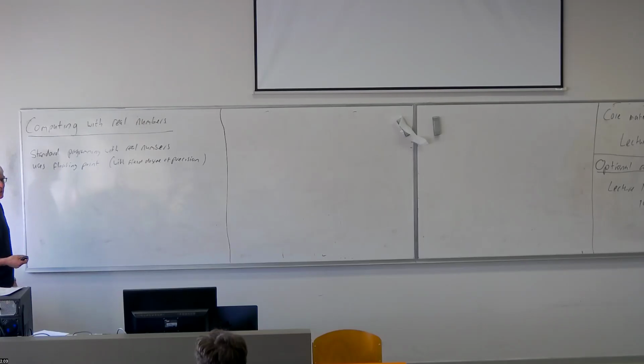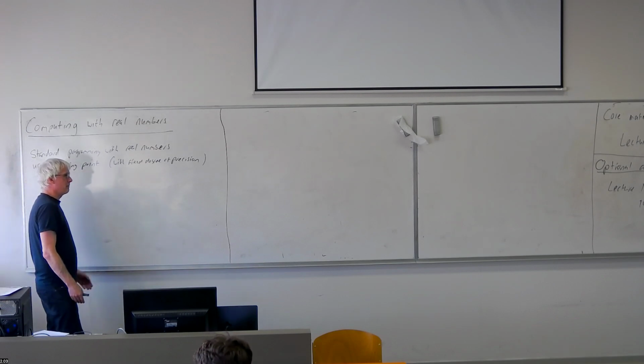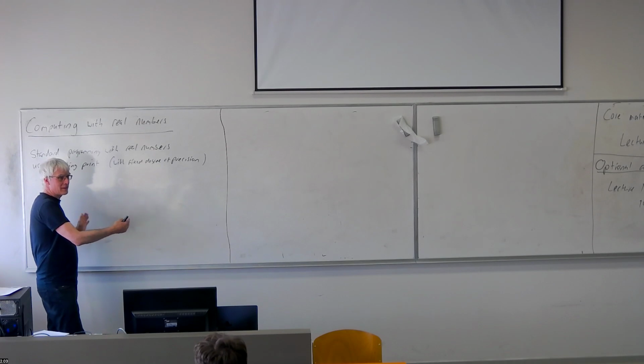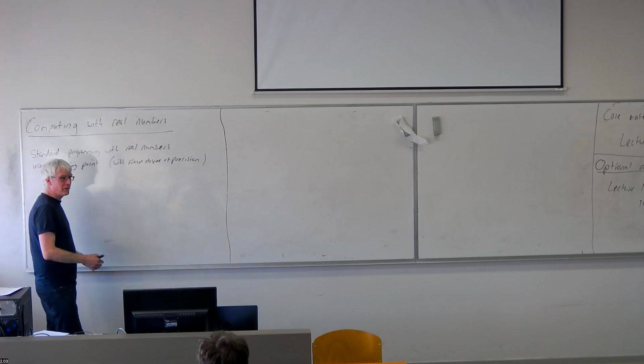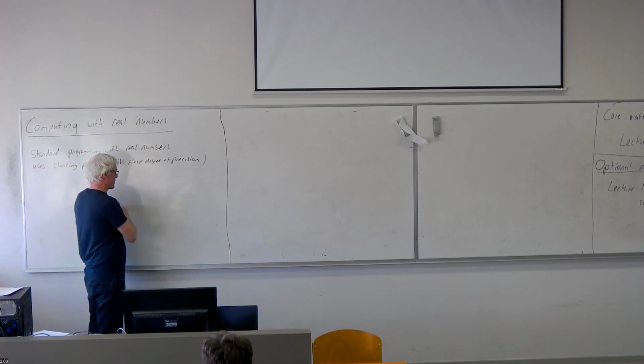So you have the mantissa, as it's called, the significand, and the exponent, and you have a fixed number of bits for the significand, but it's quite a lot of bits.